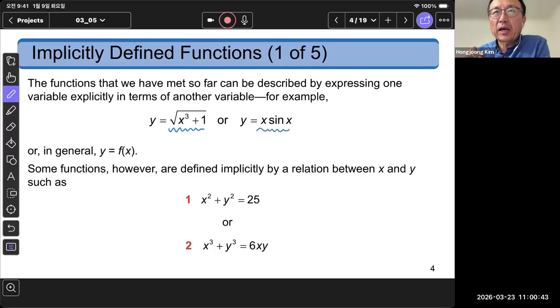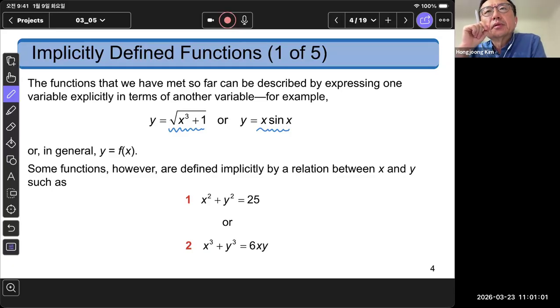Those are given as the definition of the function f, right? Then based on the shape of this definition, we could apply the chain rule, the quotient rule or the product rule, depending on the situation.